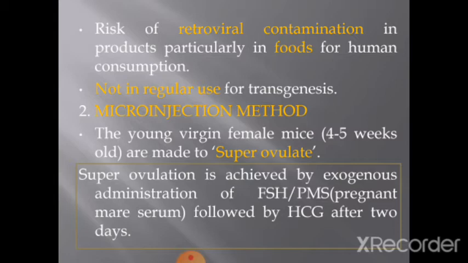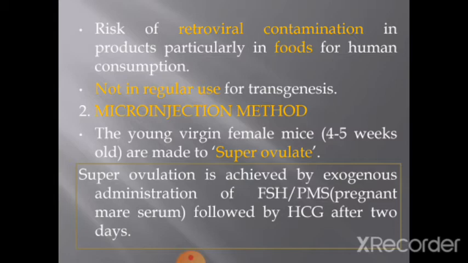You must be knowing a hormone called FSH, that is follicle stimulating hormone. You must be knowing another hormone called PMS, pregnant mare serum hormone. Mare is a female horse.